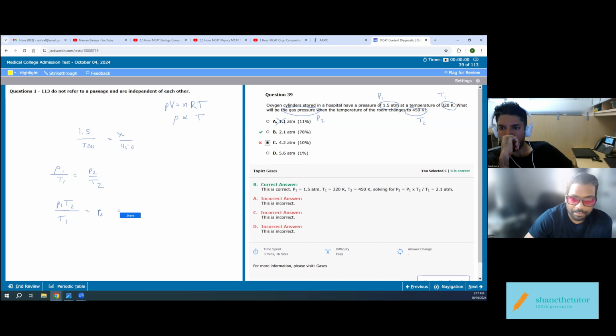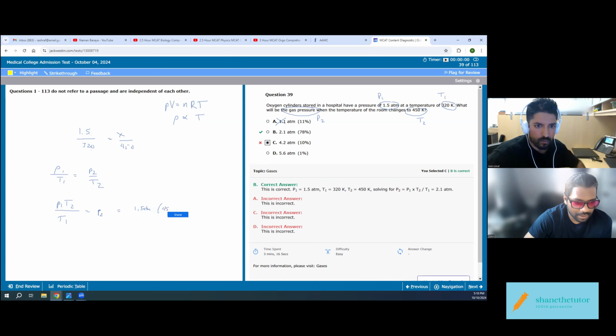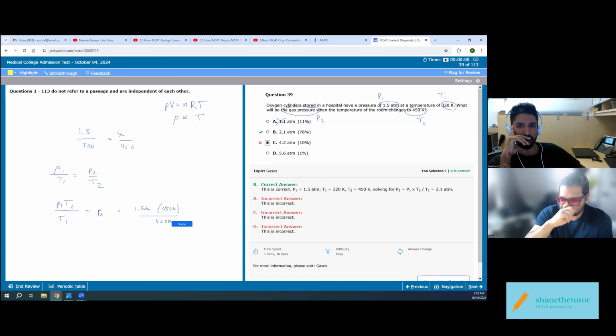That's P1 1.5 ATM, T2 450 Kelvin, divided by T1 320. I just did it by calculator and I got 2.1. I'm not sure why.